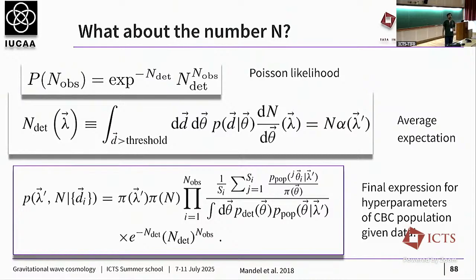Okay. So these posteriors are the ones that are being basically coded up in GW Cosmo or Icaro GW, in order to give you the distribution of parameters that finally gave rise to the events that you see.